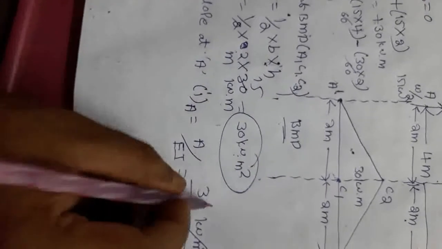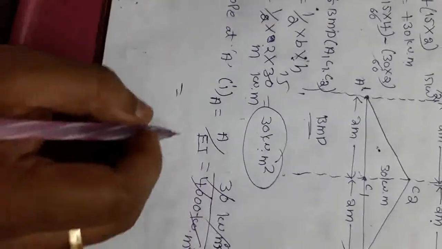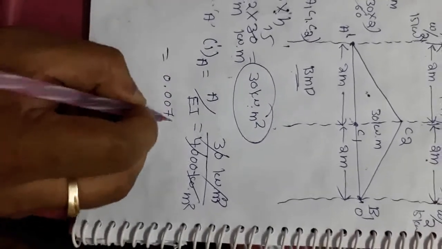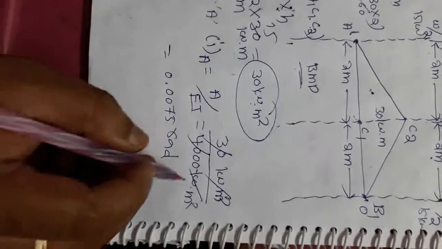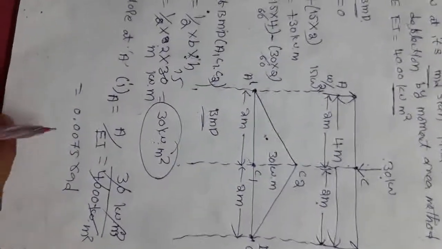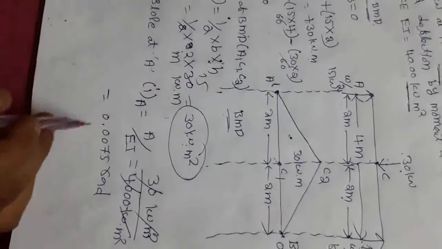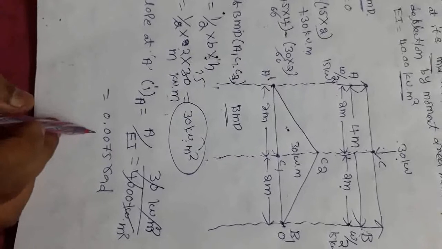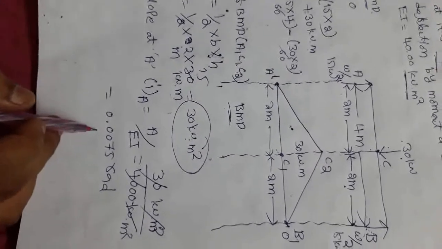So both the units are cancelled, and after calculation the answer is 0.0075 radians. There are no units, so radians is the unit for slope. This is the maximum slope.